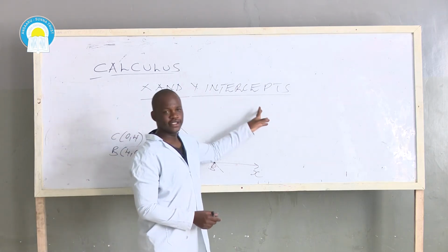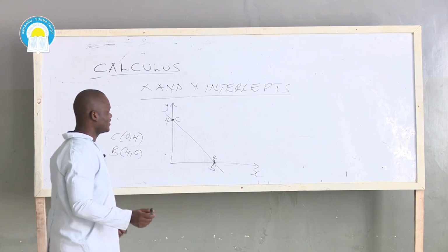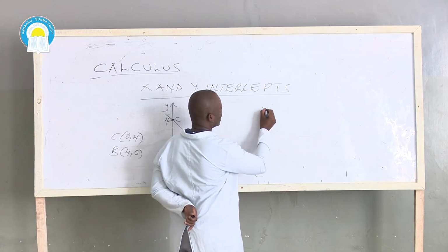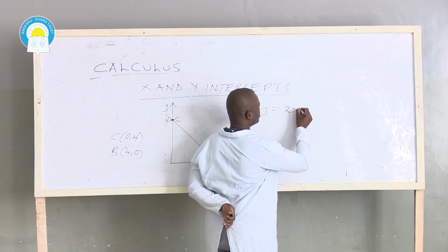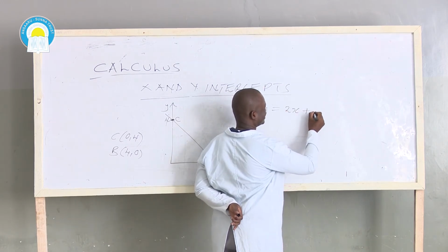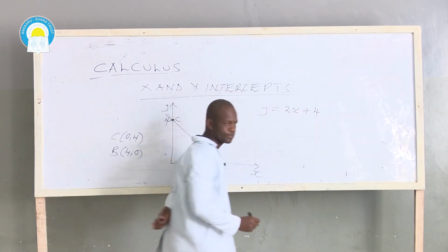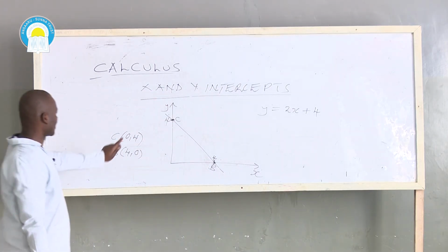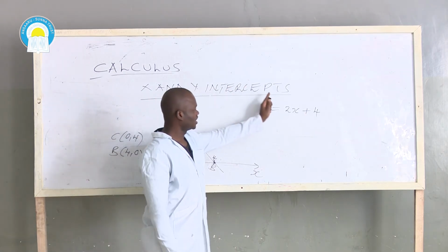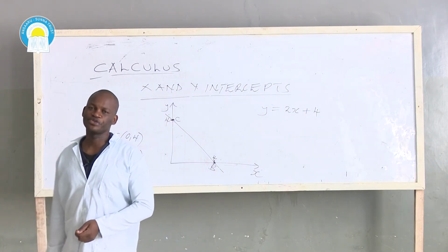Now, having said that, we want to look at examples of questions which might require application of this concept. You are given a line with the equation y is equal to 2x plus 4. And then you are required to get the x and the y intercept. What do we do?